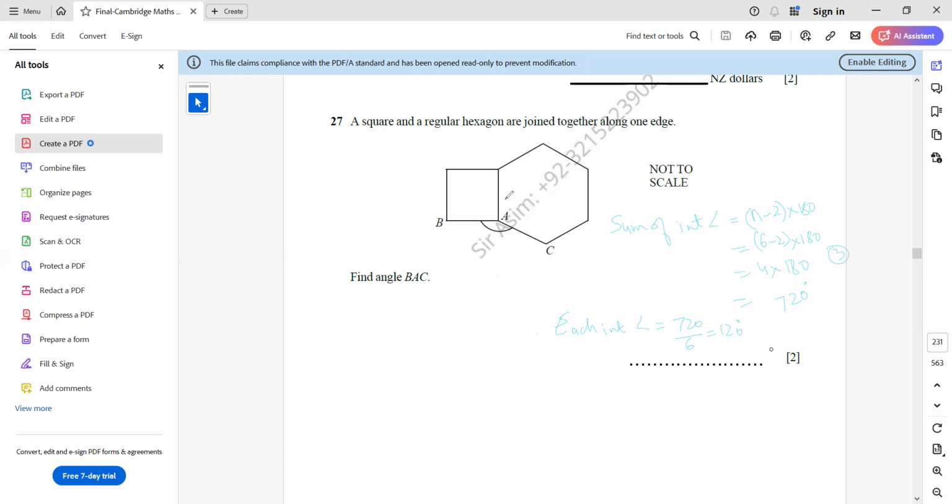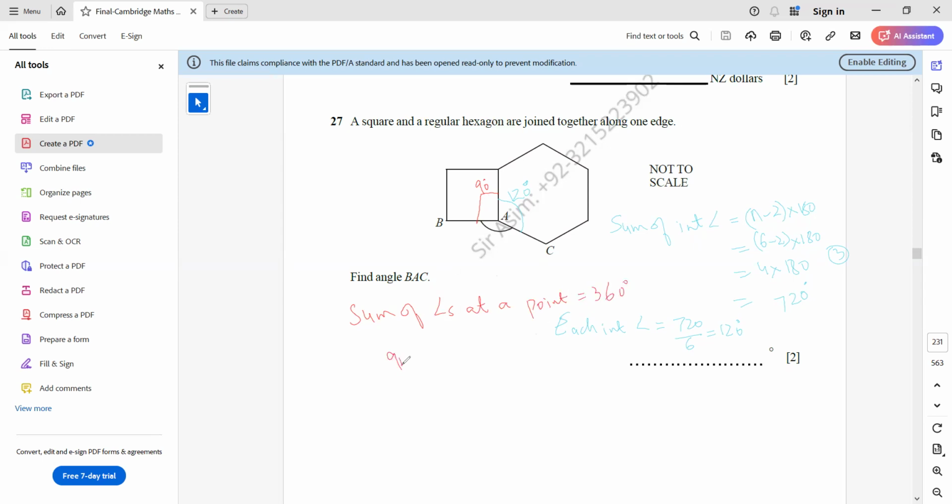So that means this is 120. This is 120, okay. And this is 90. So this is now angles at a point. The sum of angles at a point is 360.